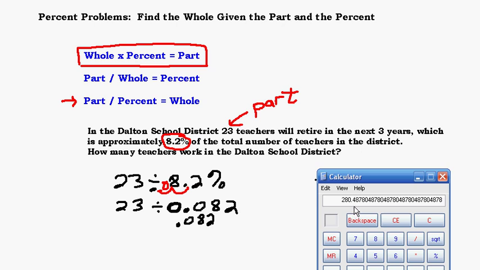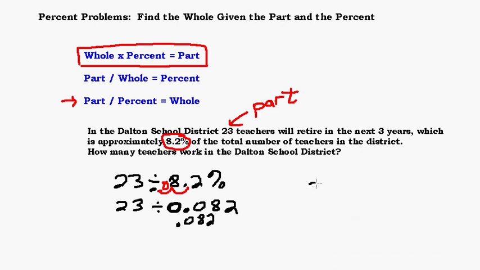We have a 4 right after the decimal in the tenth spot. That's not enough to round up to 281. Remember, if it's 4 or less, you're going to just keep the same number. If it's 5 or greater, you're going to round it up. So let me write this out so I can talk about that a little bit more. 280.487. Let me just write the first few digits of that.